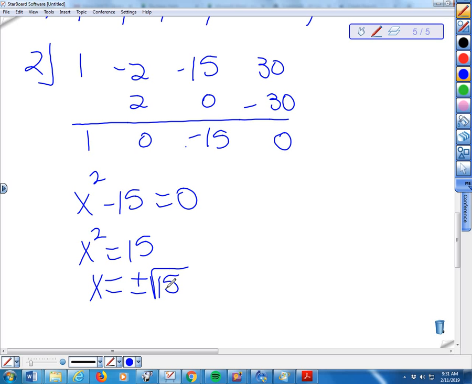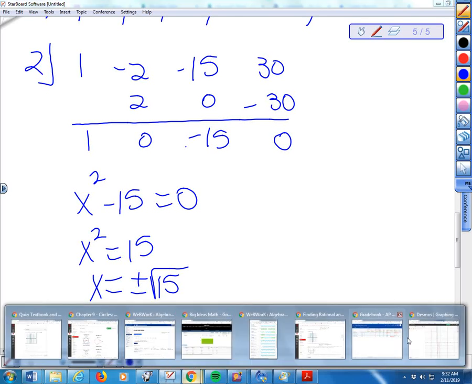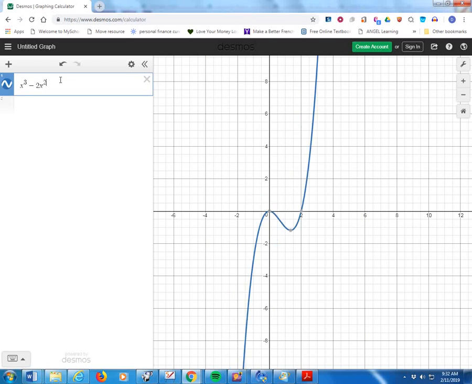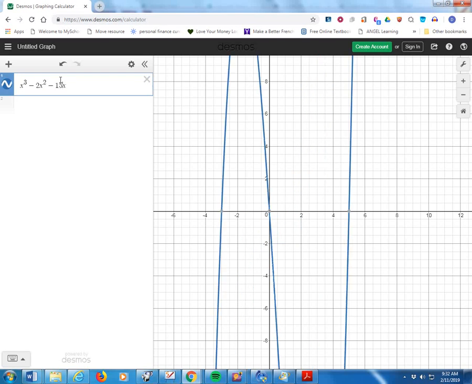Okay, let's just check it if I graph this just real quick for the fun of checking my answers. X cubed minus 2x squared minus 15x plus 30.